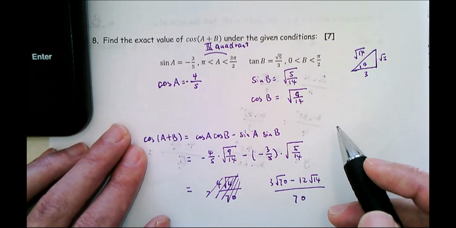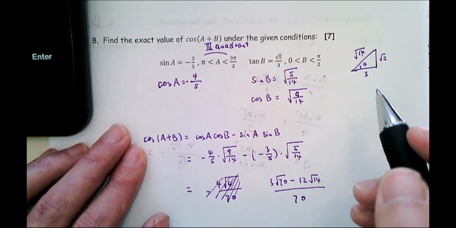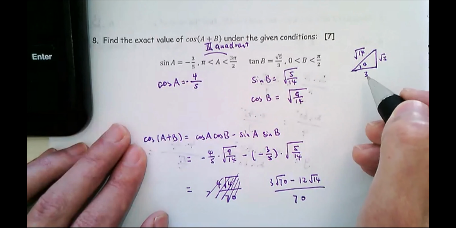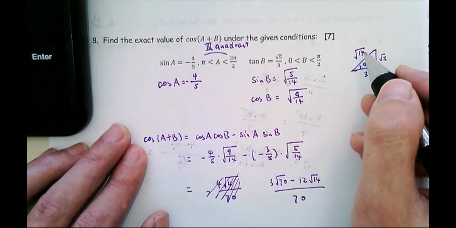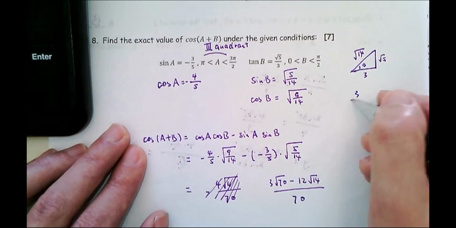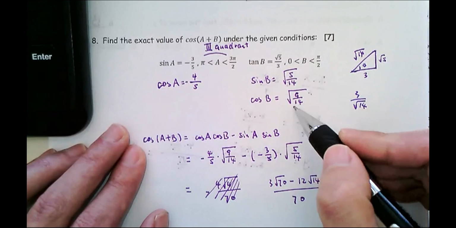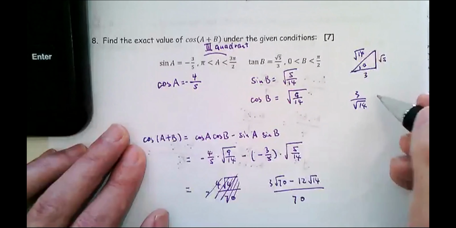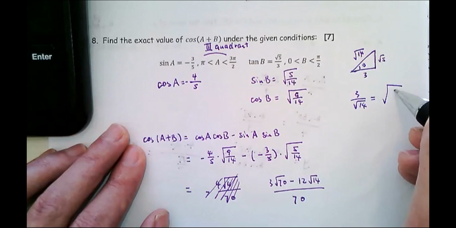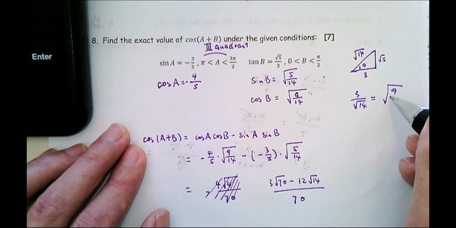Excuse me, why was cosine B square root of 9 over 14? Very good. So cosine B is 3 over square root of 14, right? Yes. So the way I did it, I just put the 3 inside the square root. So 3 becomes 9 once you put it inside the square root.